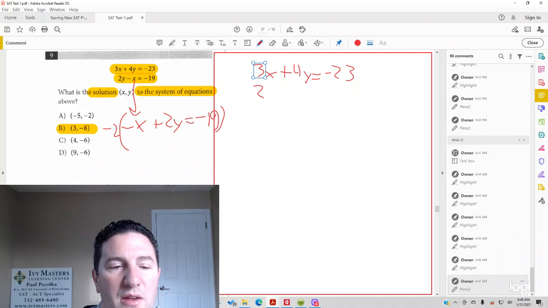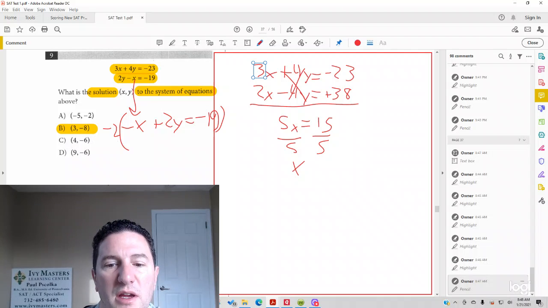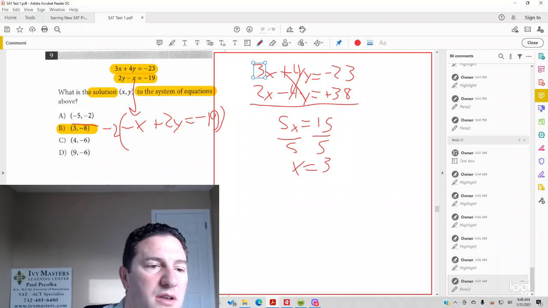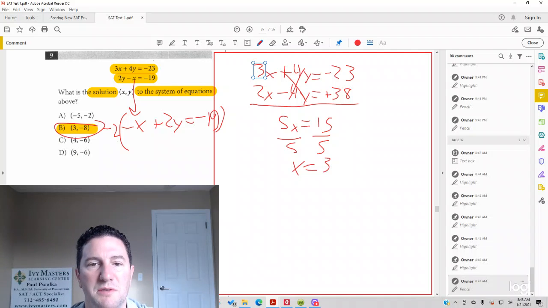What I get is a positive 2x minus 4y equals positive 38. And then you can see your y's cancel. Here I get 5x equals 15. Divide both sides by 5, and you can see that your x equals 3, and you're done. The only answer choice that has a 3 in it is answer choice B.